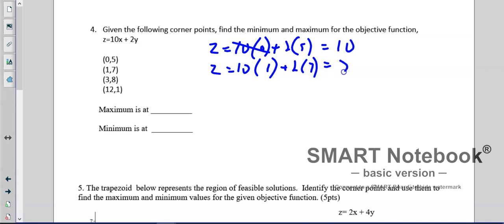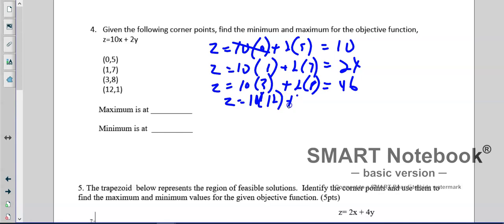Well, that's 10 plus 14, that's 24. Z equals 10 times 3 plus 2 times 8. Well, that's 30 plus 16, that's 46. And then z equals 10 times 12 plus 2 times 1. That's 120 plus 2, 122.